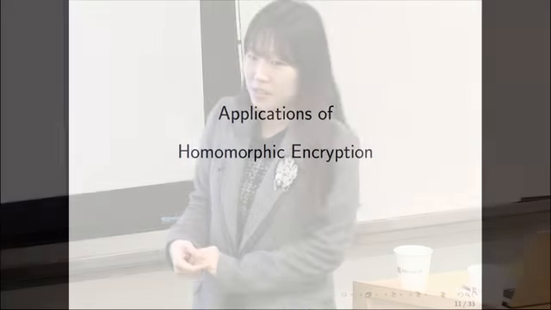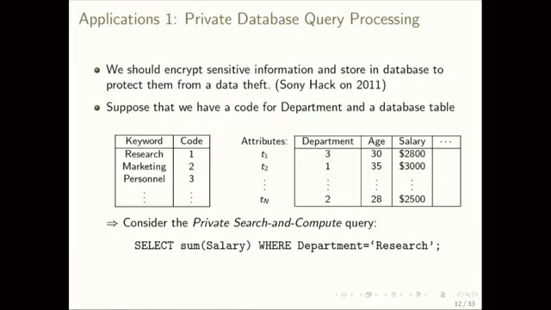Now I'll show how to apply our primitive circuits to real problems. In 2011, there was a massive attempt to access user accounts on Sony PlayStation. From these attacks, we learned that we should encrypt sensitive information and store this data encrypted to protect it from such kinds of data theft.